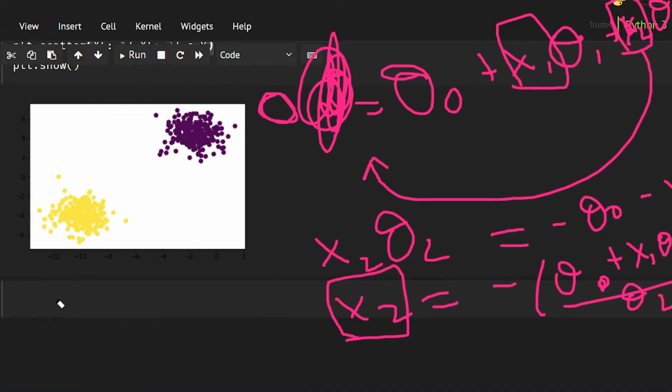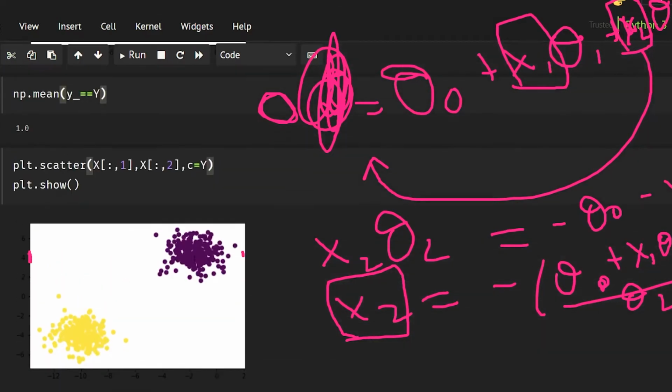Okay, so first I'm going to generate the x1 values. This is going to be np.linspace, and we want our values from minus 14 to 2, and let's take 20 values in between.